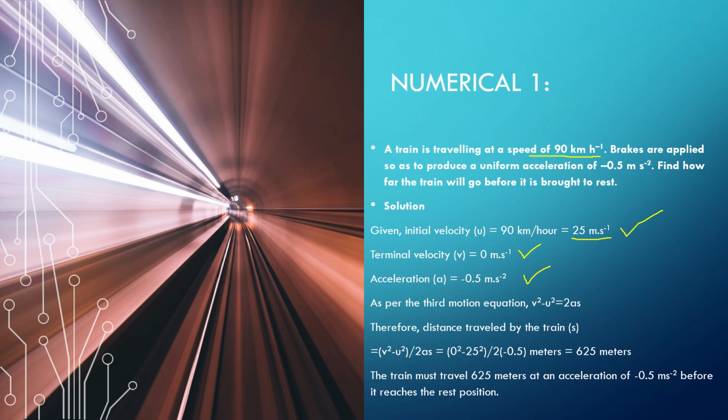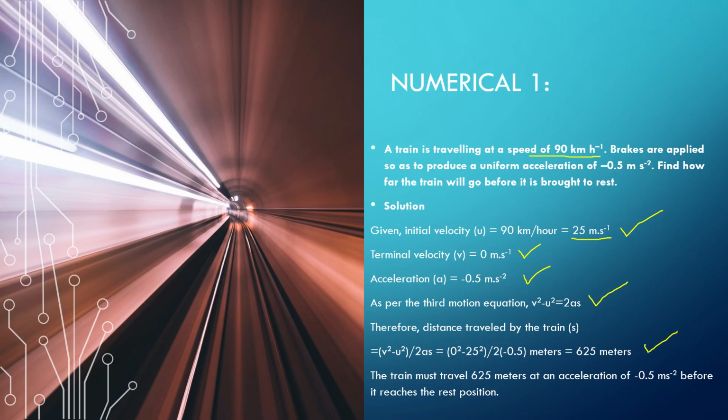Now we need to apply it here. We are talking about v, that is final, initial and acceleration. So our third equation of motion, which tells us v square minus u square is equal to 2as. So therefore the distance travelled by the train, you just have to substitute the values in this. And when you substitute the values, you will get 625 meters.